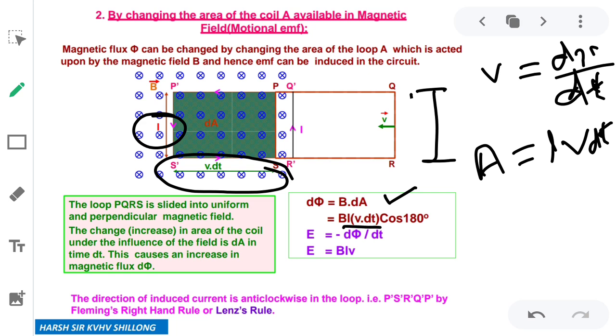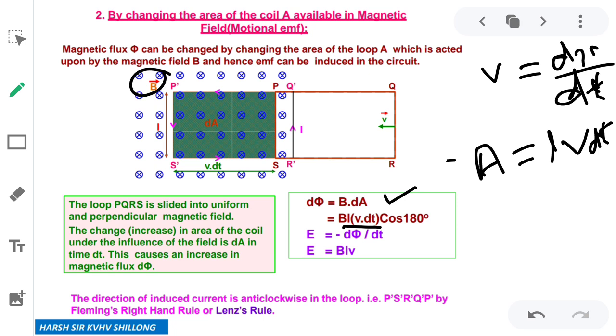Angle is 180. How 180? Here field is normally inward, and the area, if we take the direction of the area, is normally outward. So they are opposite to each other, so angle is cos 180.